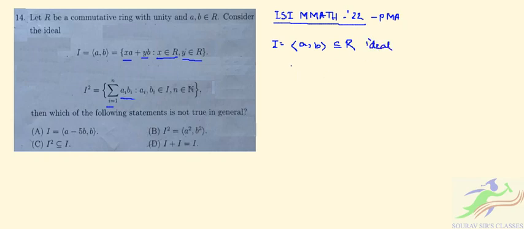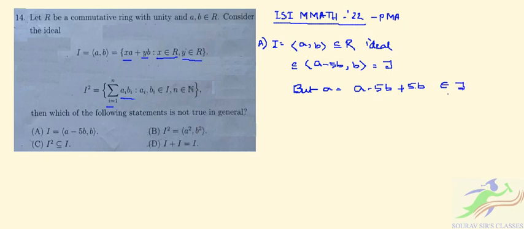Now if you consider option A, the inner product of a minus 5b comma b, which is equal to J, but we know that a is equal to a minus 5b plus 5b, which is an element of J. So we can define I as the inner product of a minus 5b comma b. So this option is correct.